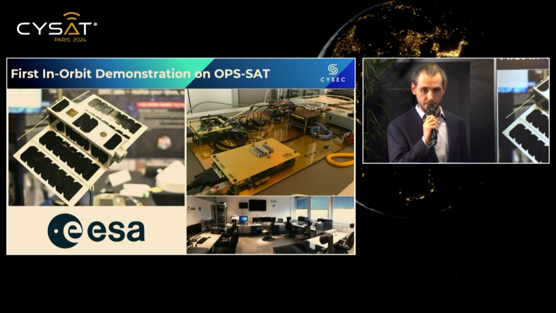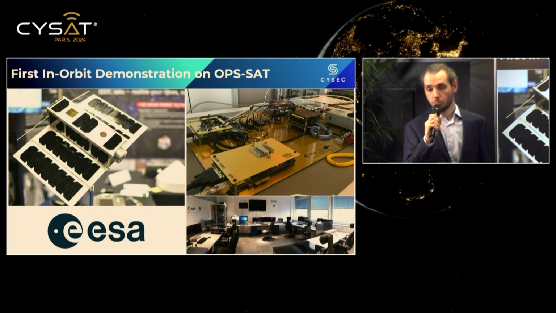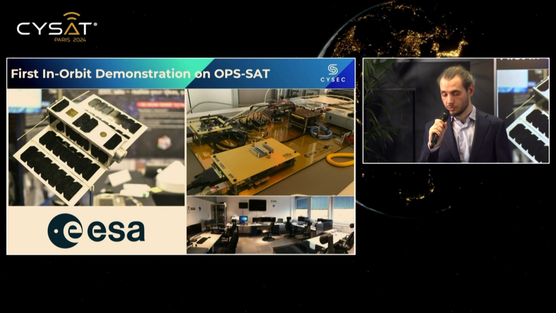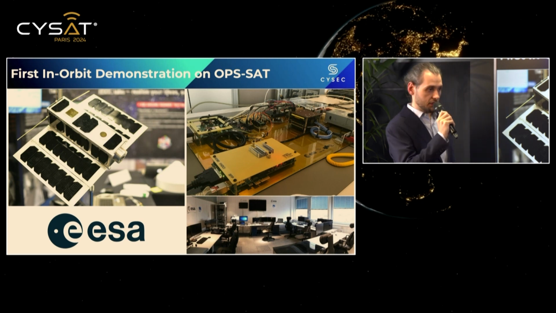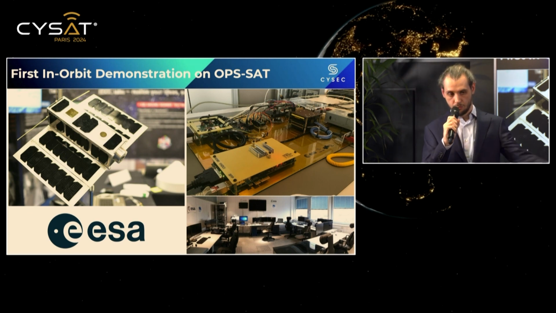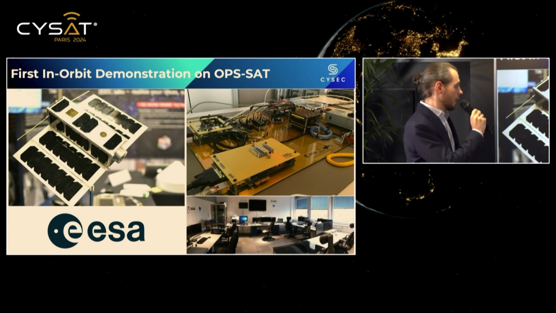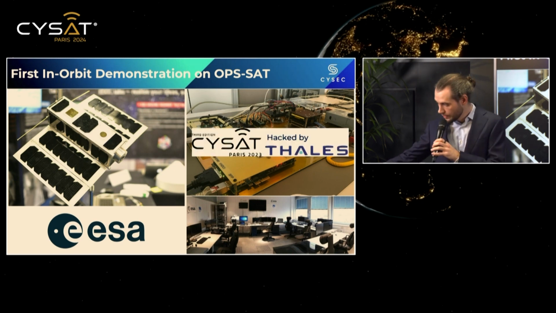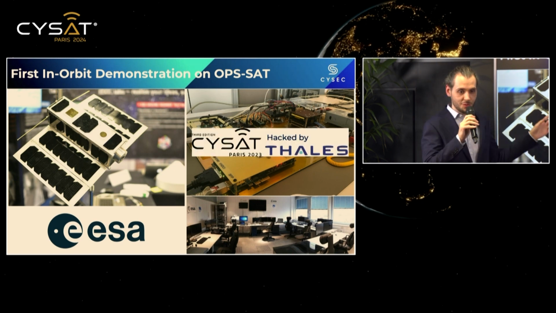It's a satellite that is essentially a laboratory in space and allows experimenters to deploy experiments, flight software experiments, or attitude control experiments, and make sure they can do these tests without having to develop a whole satellite and send it into orbit, which is very costly. This, by the way, is the same satellite which was demonstrated to be hacked by Thales at the CYSAT conference last year.